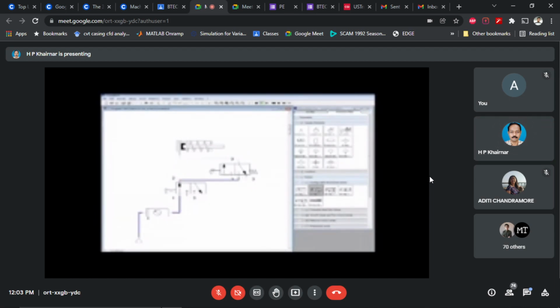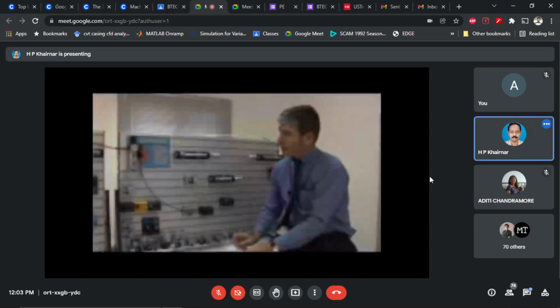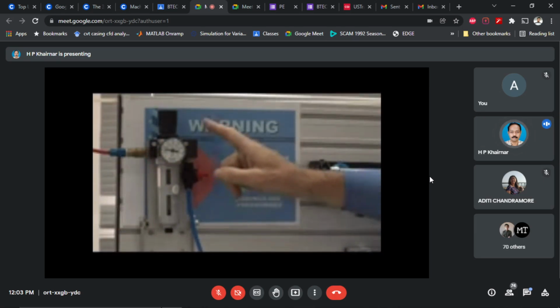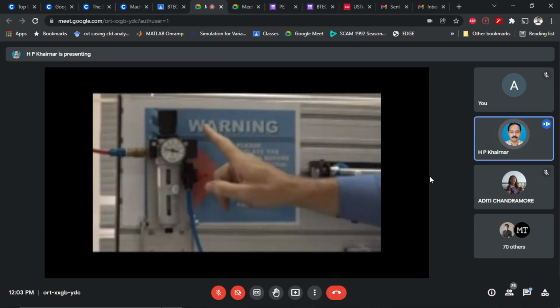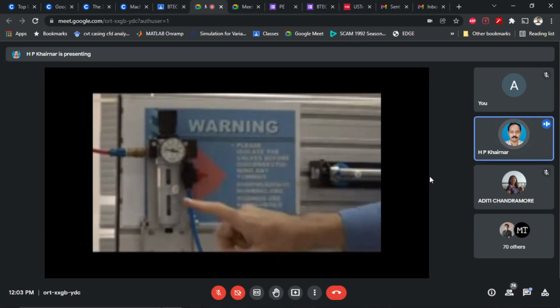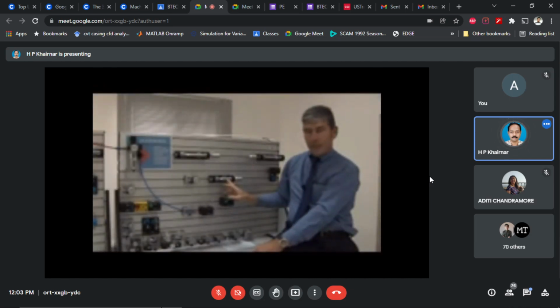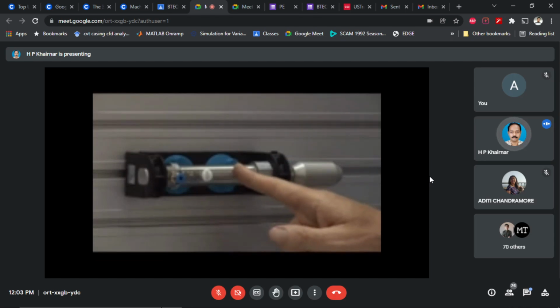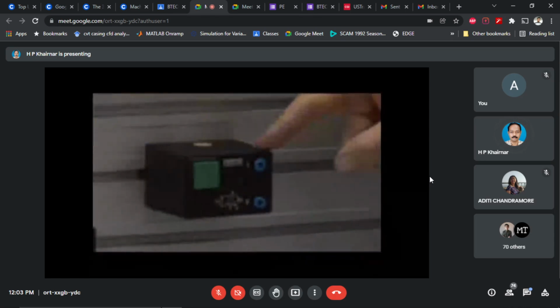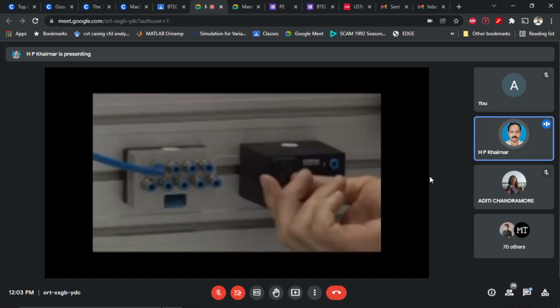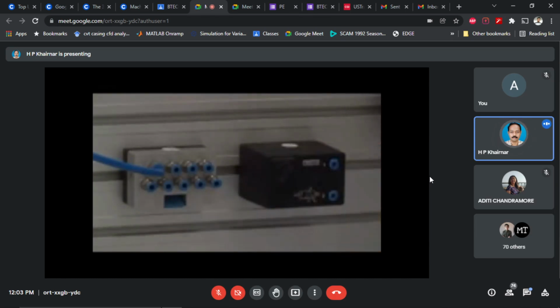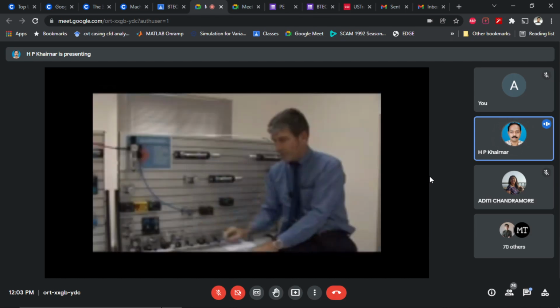We do that for real on our Festo boards in the lab. We've got an air supply unit here with a pressure regulator, filter, and pressure gauge. We've got another pressure gauge here, a single acting cylinder, a 3/2-way valve, another 3/2-way valve, which is our supply on-off, and a manifold to distribute our air supply.